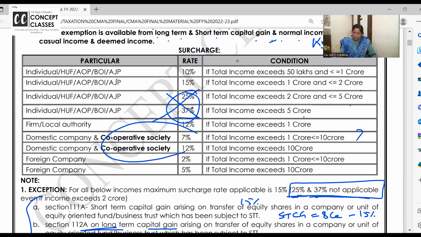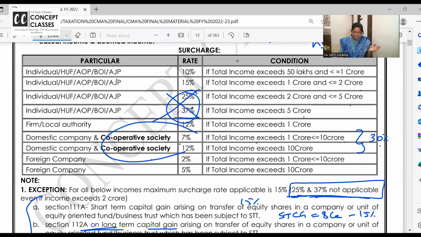See, for a domestic company or Indian company, the tax rate is only 30%, so surcharge rates are high. From 1 crore to 10 crore, what is the surcharge rate for a domestic company? 7%. For 10 crore and above, if the domestic company's income is 10 crore and above, what is the surcharge rate? 12%.